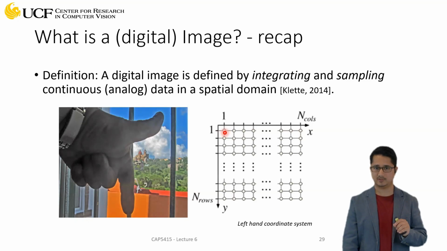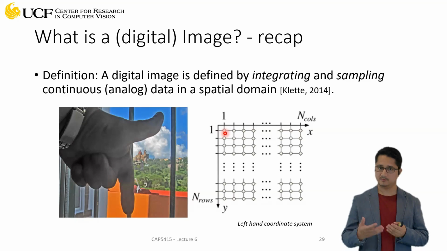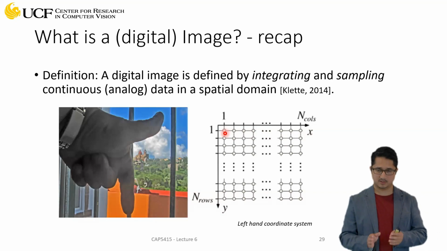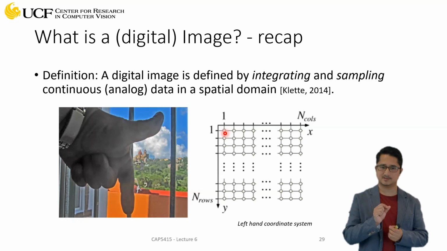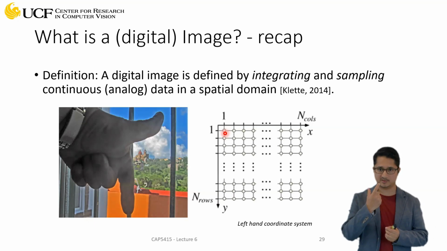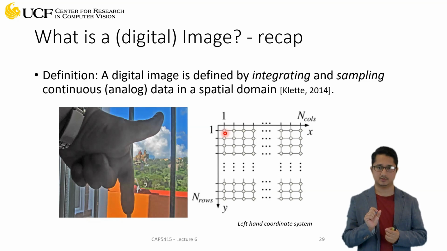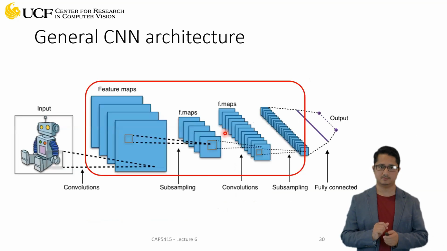If it's RGB, you will have three values. Usually we work on RGB images. In that case, you will have a three-dimensional volume representing the image: height, width, and depth. The depth in color images will be 3. In grayscale images, the depth will be 1. Okay, so that will be your input to your CNN.